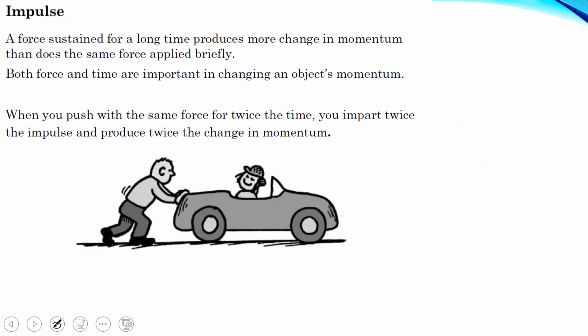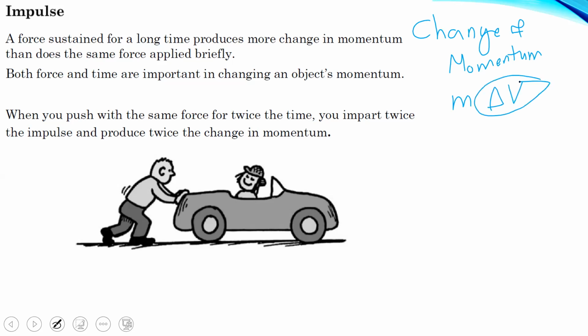Now, a force sustained for a long time produces more change in momentum than does the same force applied briefly. So, let's come back now. We said that a change of momentum is m delta v. So by changing the velocity, this is the first way to change the momentum.